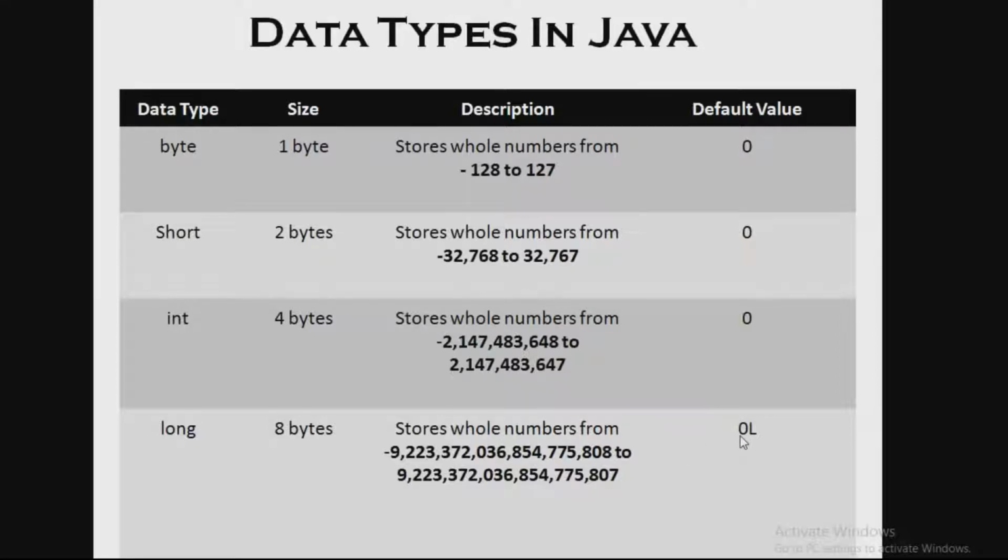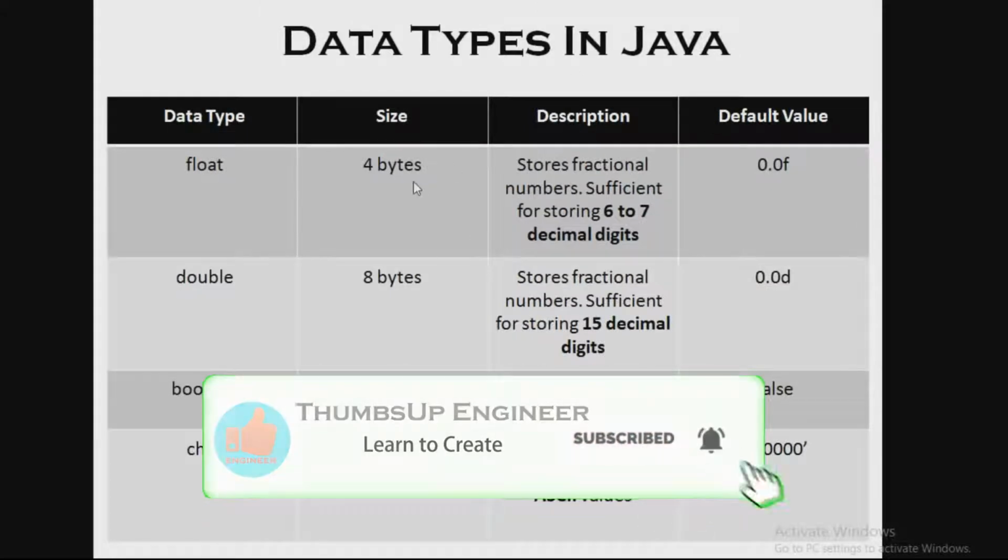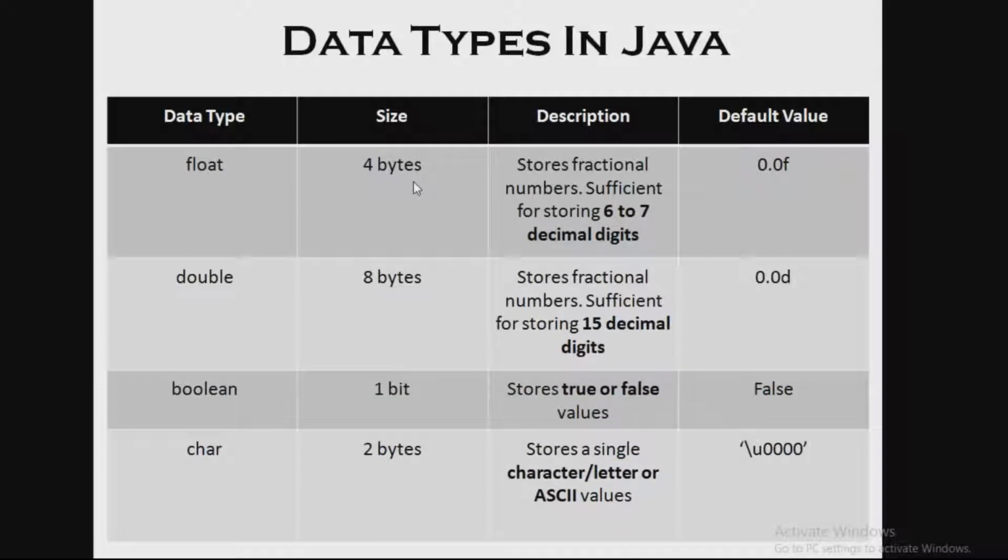For float type we have 4 bytes of size allocated, and we will have decimal values of up to 6 to 7 decimal digits, that is the values after the dot will be 6 to 7, and the default value will be 0.0f. Double is 8 bytes.